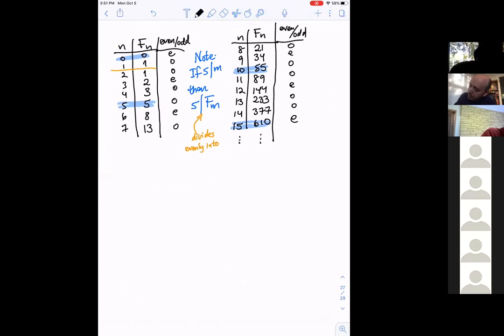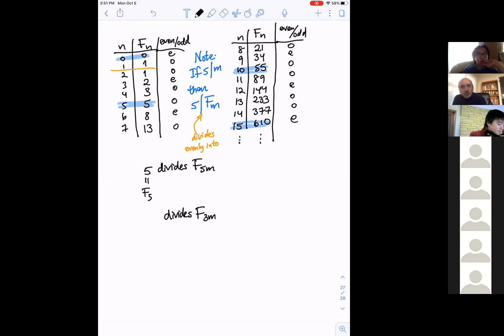So 5 is F5, and it divides, we just decided, F5M. And here's an interesting thing. We decided that F3M, those things were even, so they're divisible by 2. And 2 is F3. It's sitting right there.